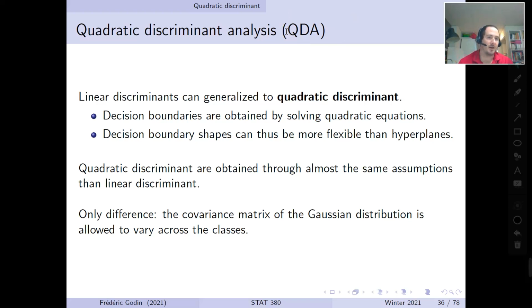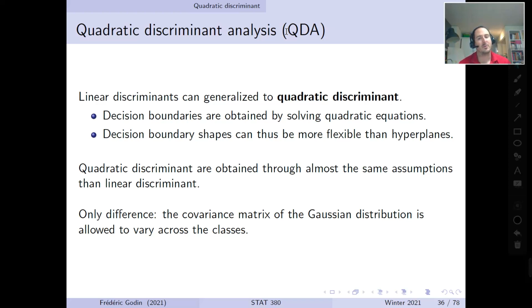The reason why quadratic, we can already have thoughts about what it's going to be. Instead of having straight lines as decision boundaries, the decision boundaries under this approach will be quadratic functions, which yields additional flexibility.